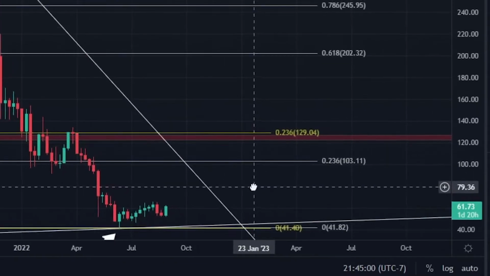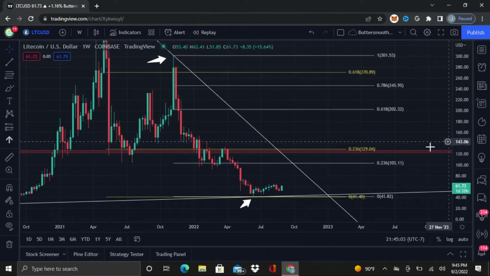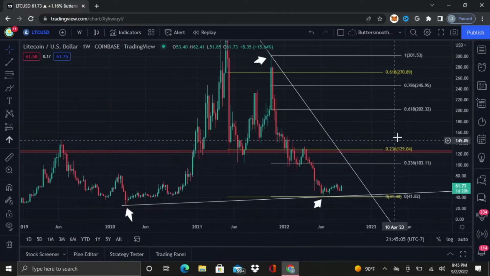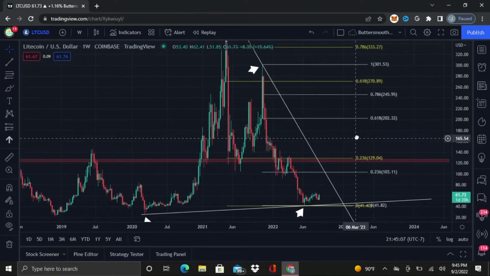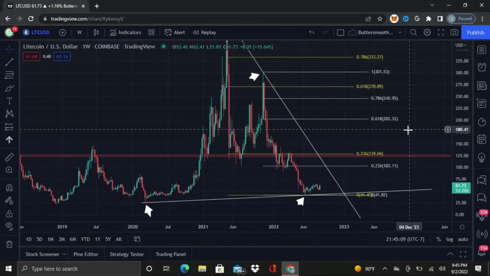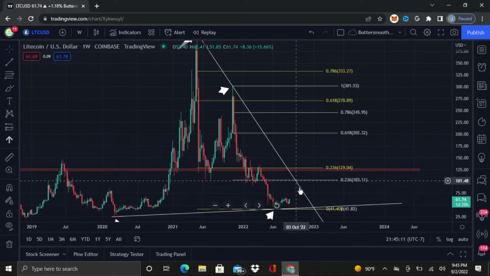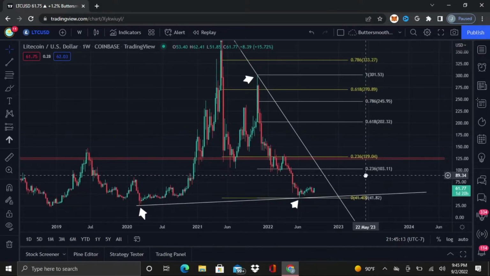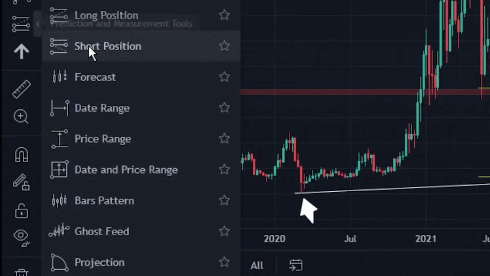But looking at Ethereum and Bitcoin and other coins I've been doing analysis on lately, Litecoin has a lot of hurdles to get over. But the gains with Litecoin, it's unreal, the gains that you could potentially make.